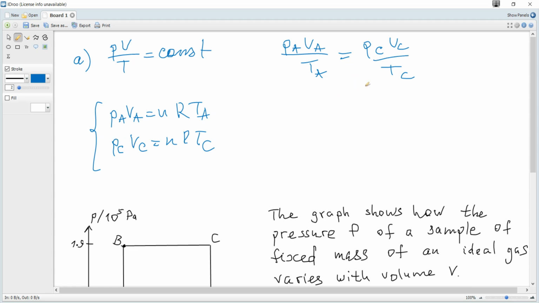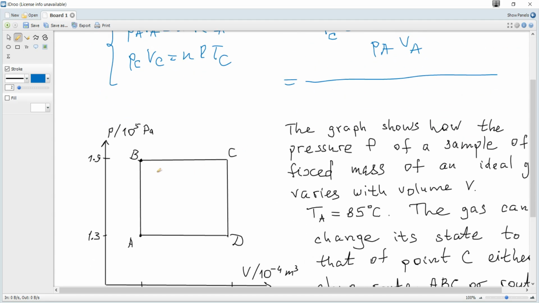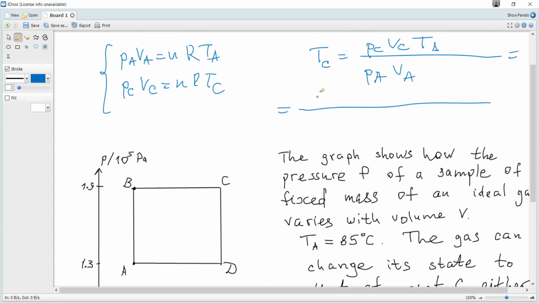And then just solve for T at C, by cross multiplication, or you can move factors along diagonals, or flip both sides and then multiply by P at C, V at C, to get finally that T at C is equal to P at C, V at C multiplied by T at A divided by P at A, V at A. Substituting values, P at C over P at A is 1.9 over 1.3.